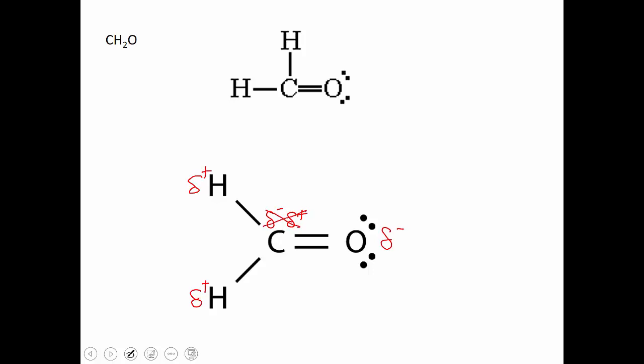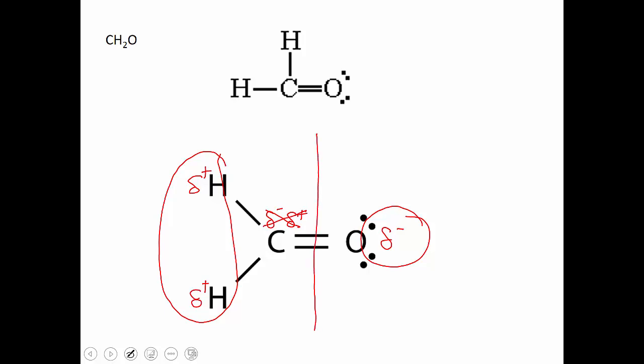So these two partial charges on the carbon kind of cancel each other out right there. And what we're left with are partial positives on the end near our hydrogen and a partial negative on the end of our oxygen. So we can draw this line between a partial negative area and a partial positive area in our molecule. And so this is a polar molecule because we can draw that division.